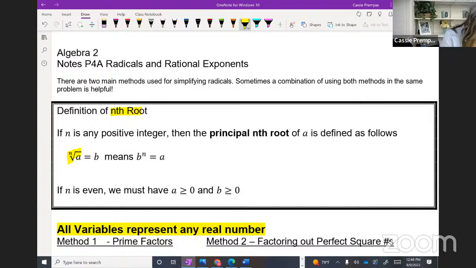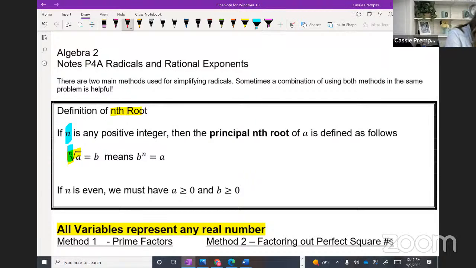If n is any positive integer, so stop, take a look at n. Where does n show up? It's right here. So if n is any positive integer, then the principal nth root of a is defined as follows. The nth root of a equals b means that b to the nth equals a.